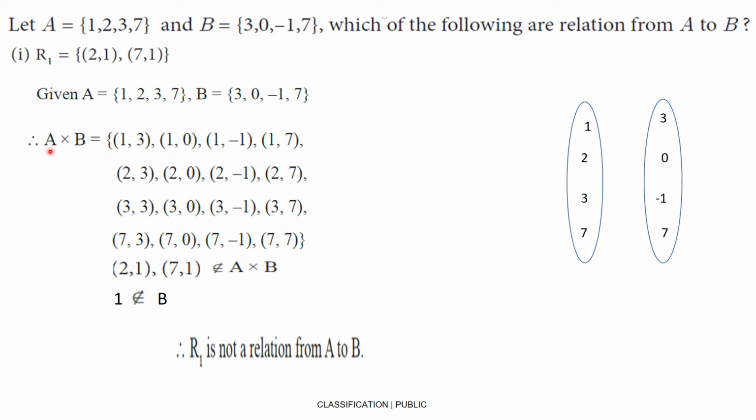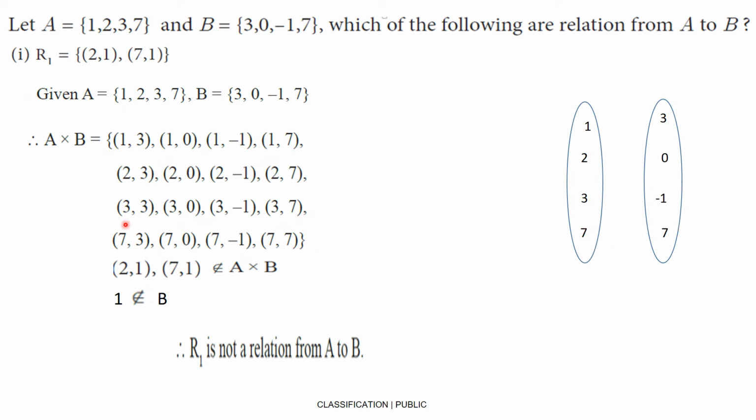A cross B also you can write as ordered pairs: (1, 3), (1, 0), (1, minus 1), (1, 7), (2, 3), (2, 0), (2, minus 1), (2, 7), (3, 3), (3, 0), (3, minus 1), (3, 7), and (7, 3), (7, 0), (7, minus 1), (7, 7).